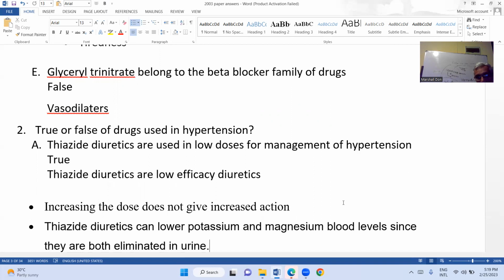Thiazide diuretics are used as 25 or 50, not high doses, to reduce blood pressure. Even if you increase the dose, the action will not be increased. Drug එක 50 දුන්නත් 150 දුන්නත් action එක එකයි.